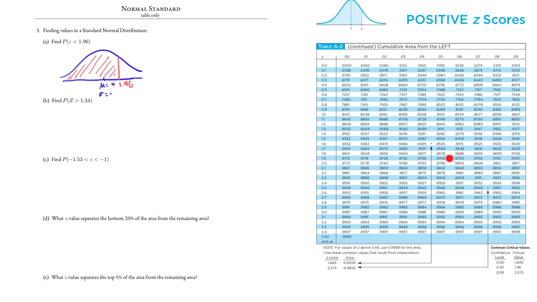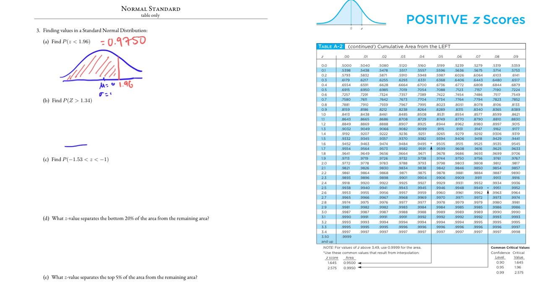The corresponding probability or area is 0.9750. And so the answer is 0.9750.